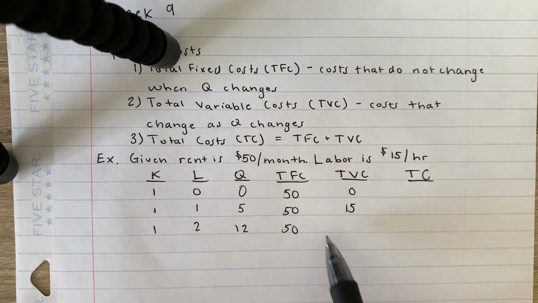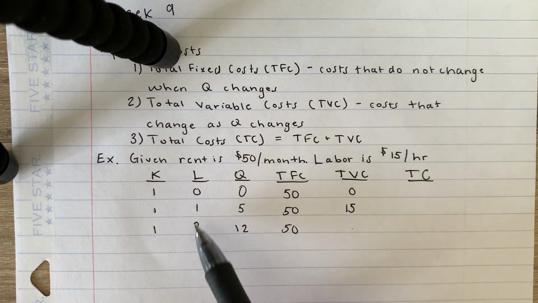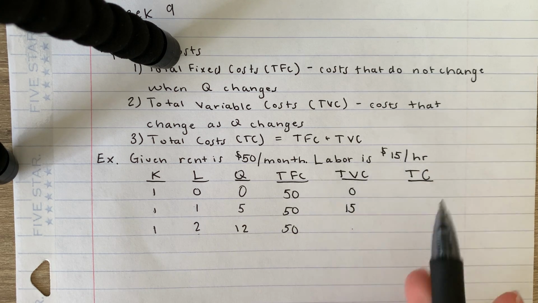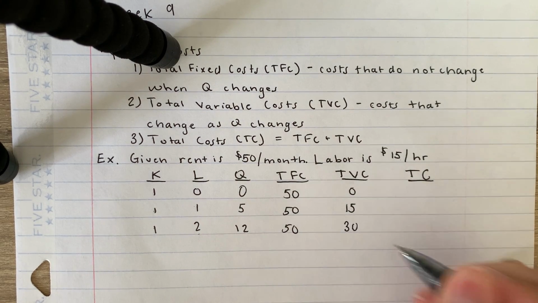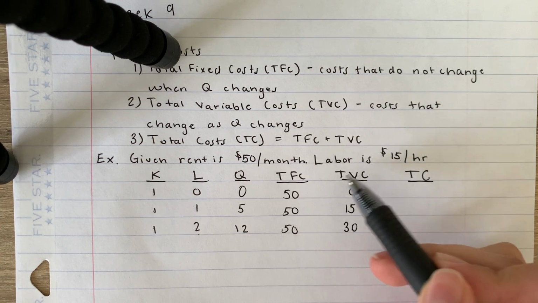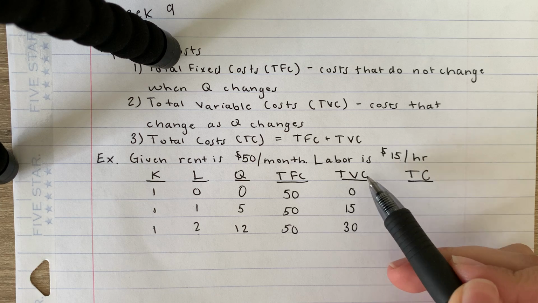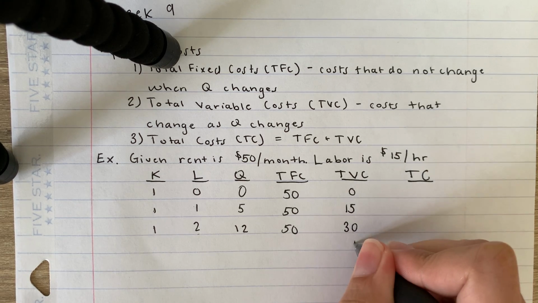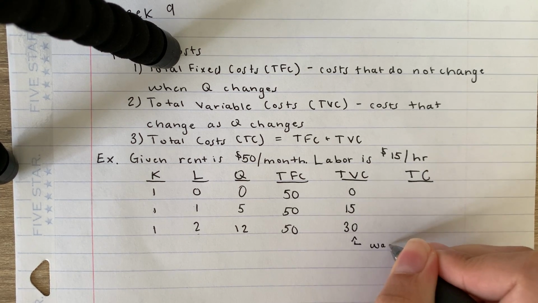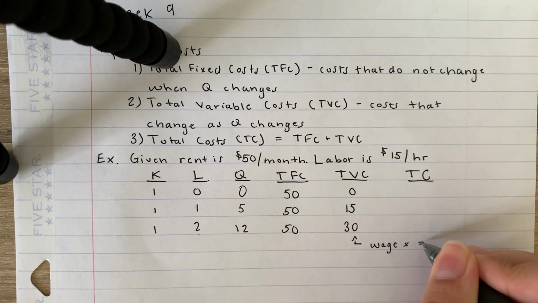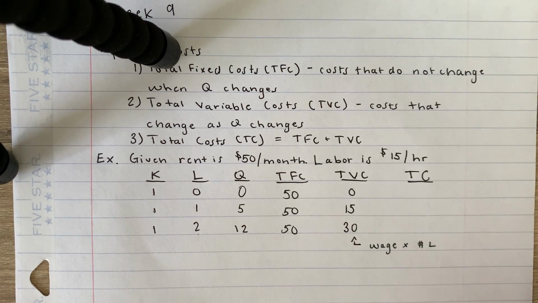And for the third one, we have 2 people employed, we're paying them each $15 an hour, 2 times 15 is 30. It's as simple as that. Variable cost is the wage times the number of people employed, so wage times L, number of labor.